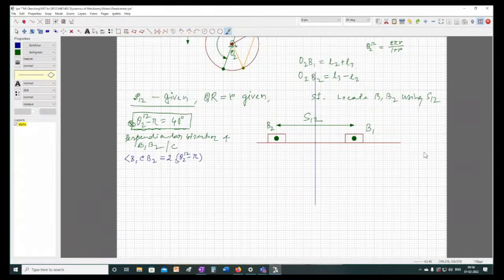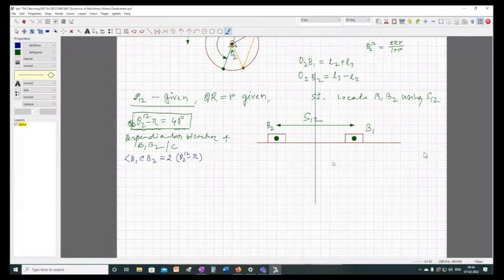So double of that, this is 40 into 2, 80 degrees. So one line from here, one line from here, and the whole angle is 80 degrees. That means from this point to this point, this angle has to be 40 degrees.